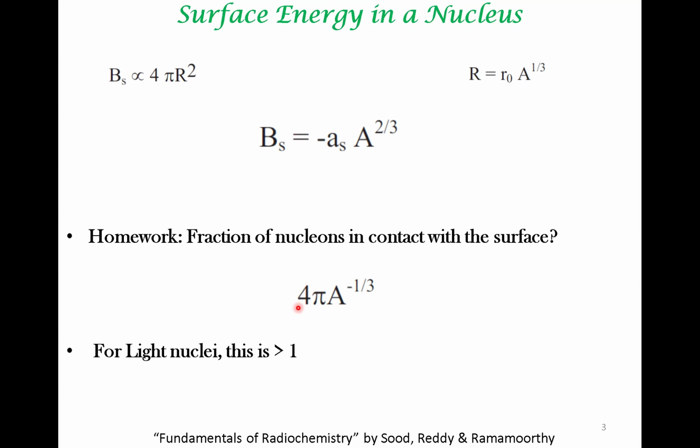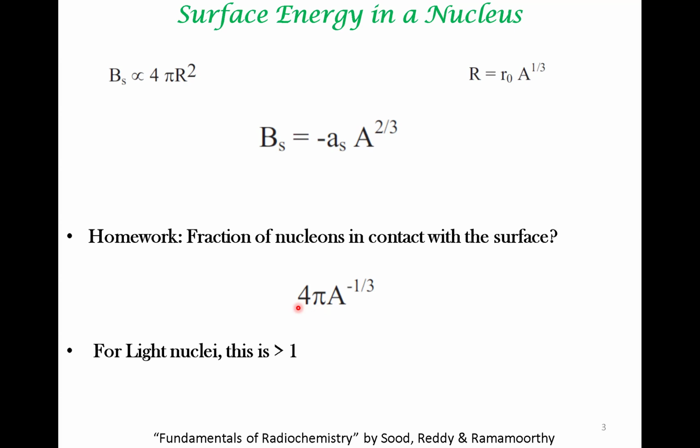Typically, when you have a light nucleus, most of the nucleons are at the surface. This is like what you see in a nanoparticle, right? Many of you might be aware of the quantum size effect in the context of nanoscience.